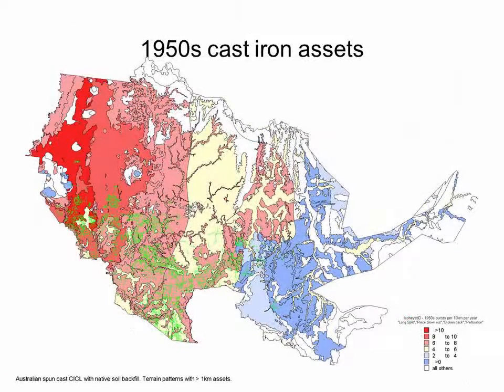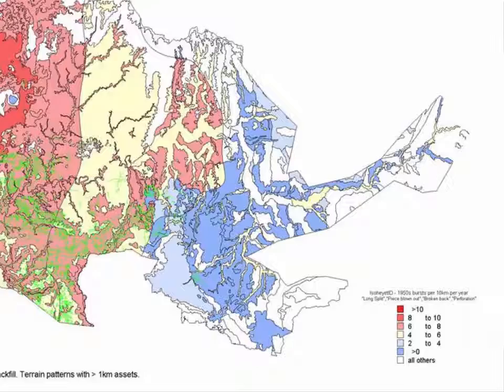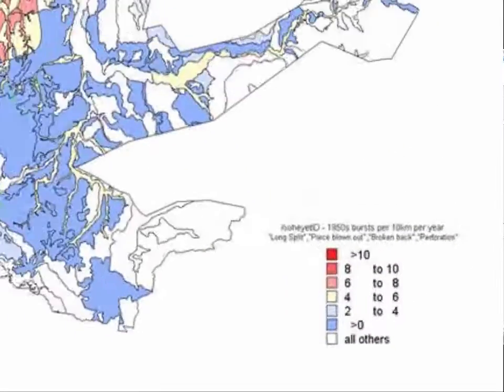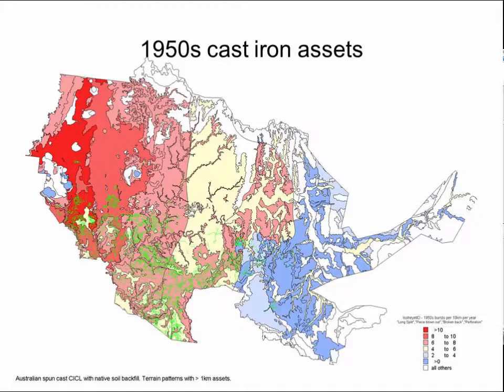So let's actually look at how these assets perform. Now I'm going to talk about this particular map in more detail later in the talk, but for the sake of comparison, here's a map of the actual performance of Yarra Valley Water's cast iron reticulation assets that were installed in the 1950s.